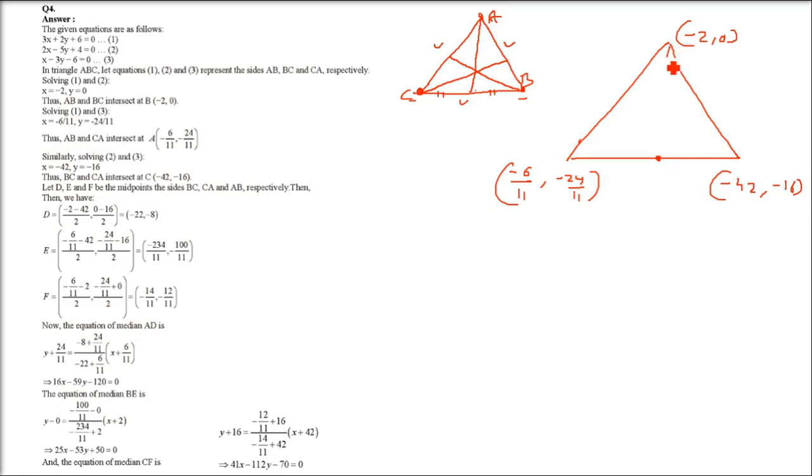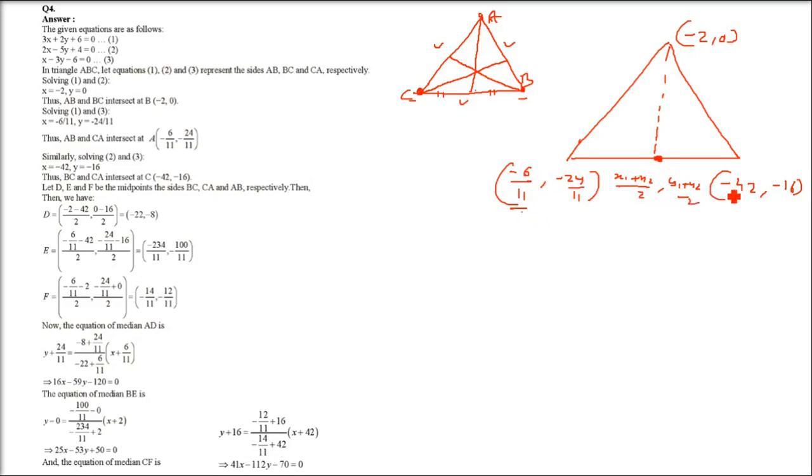Now we want this point. And what is this point? This is the middle point of this line. So we will use the midpoint formula. Let me write the formula first: x1 plus x2 by 2 and y1 plus y2 by 2.